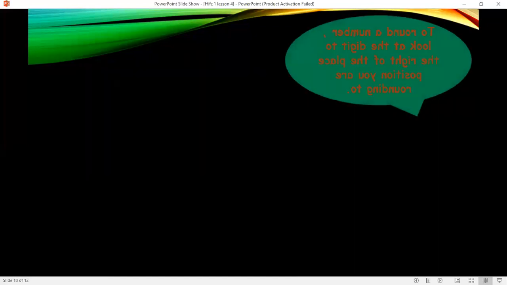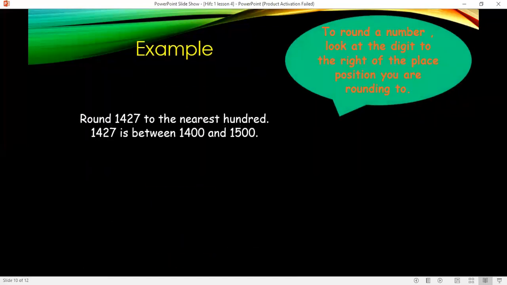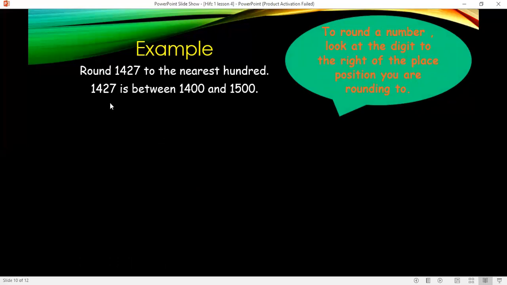Another example, 1,427. Round this to the nearest hundreds. So underline the hundreds digit, that is 4. Then circle the next digit, the digit to the right of the place position you are rounding to. That 2 will be circled.